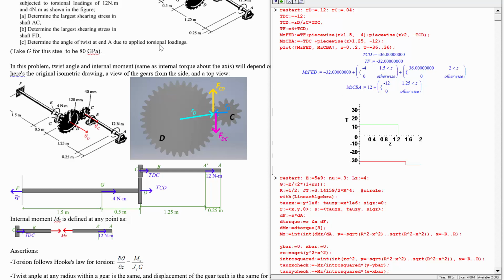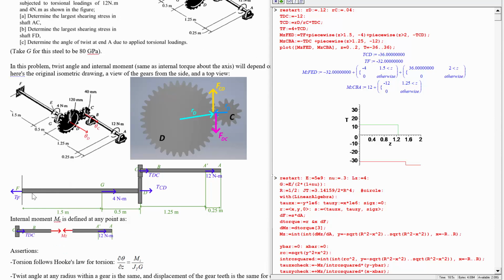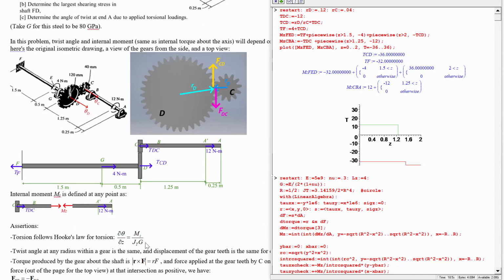The largest shearing stress will be something we can determine from the largest internal moment. So you might remember that we worked this out earlier, how the shear stress is related to the torsional strain.